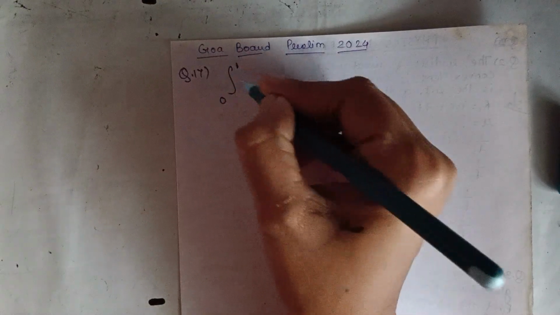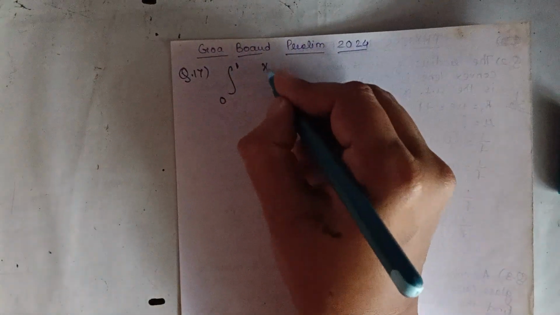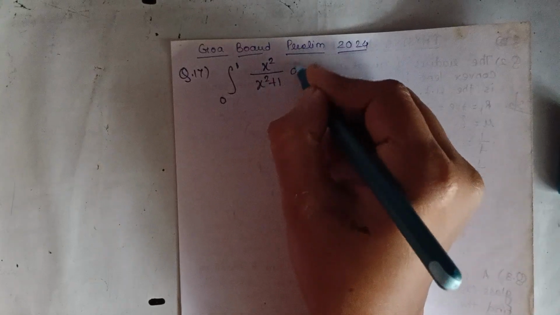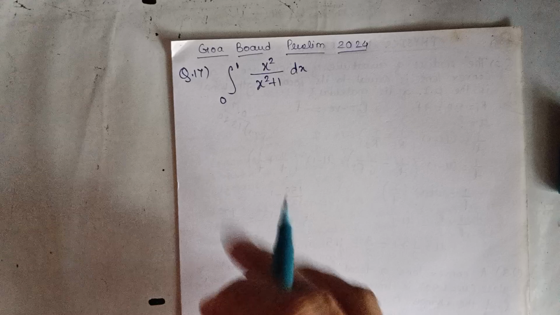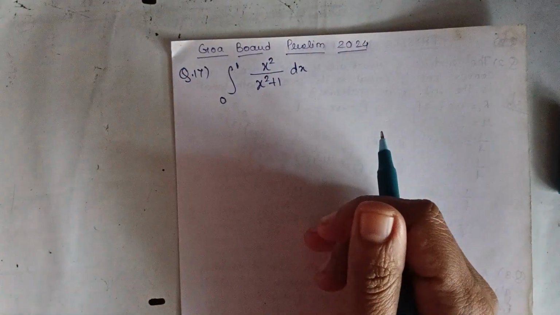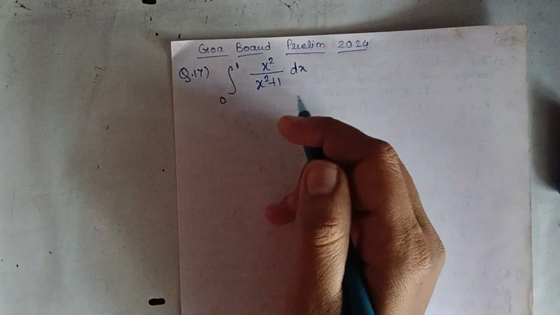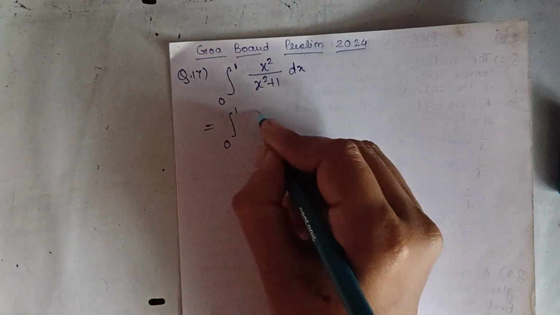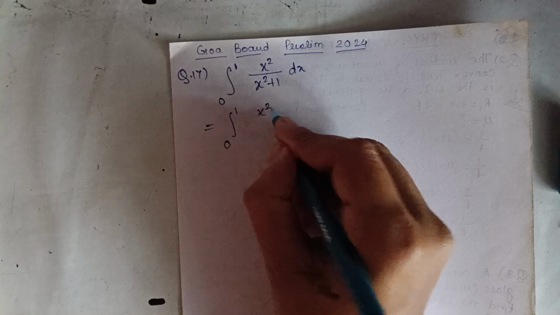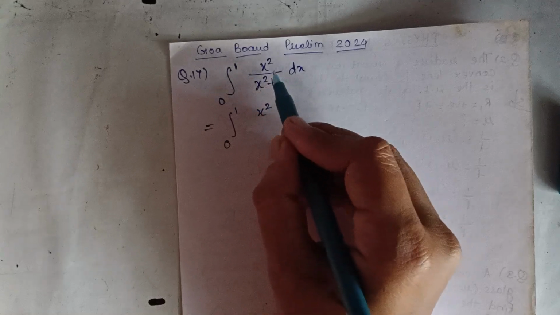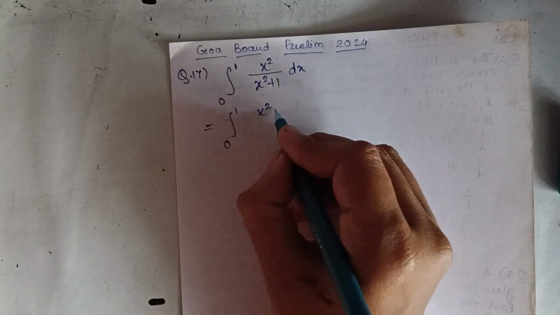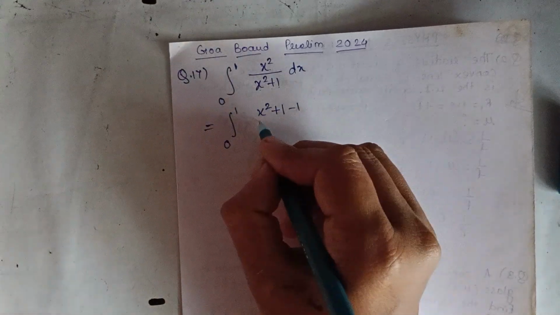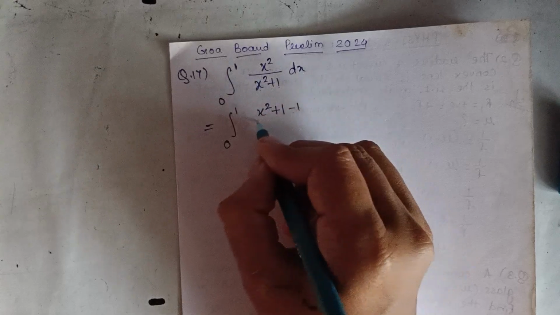Evaluate from 0 to 1 x square upon x square plus 1 dx. So you must have solved this type of integrals. You have to write this denominator x square plus 1. We can write here in the numerator as x square plus 1 minus 1. So we are balancing it.